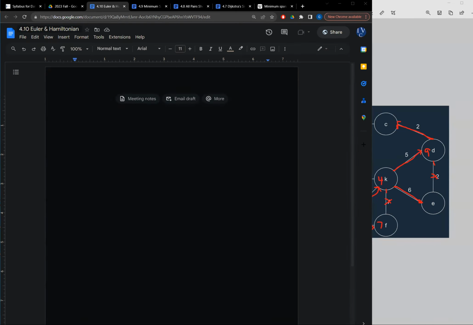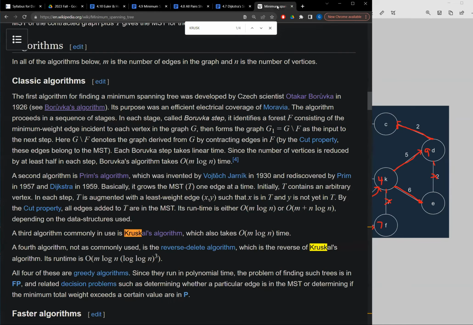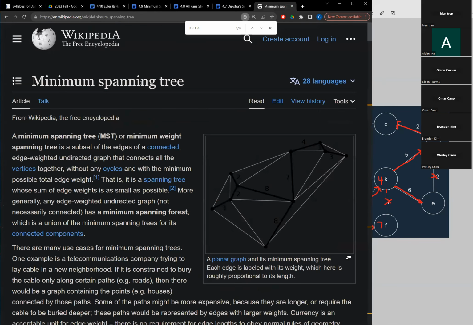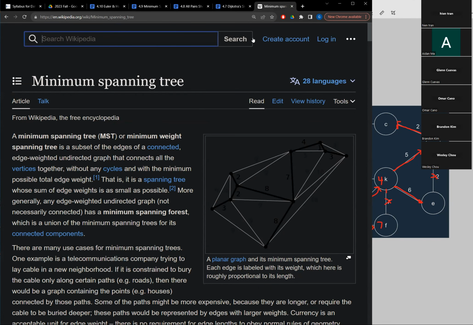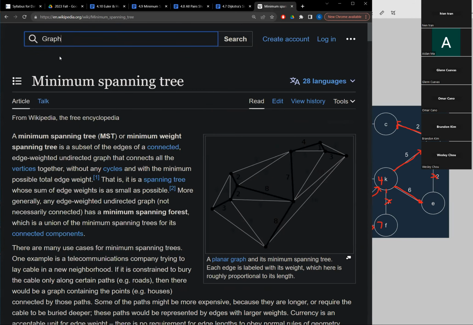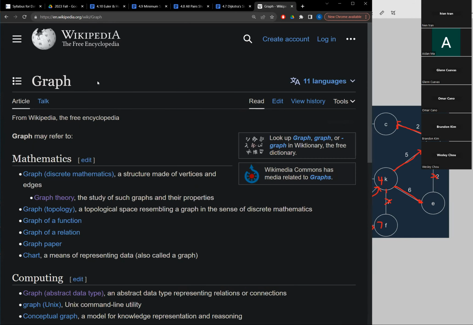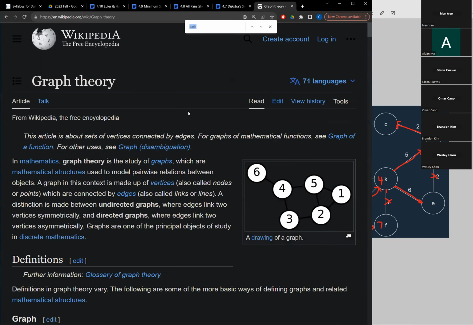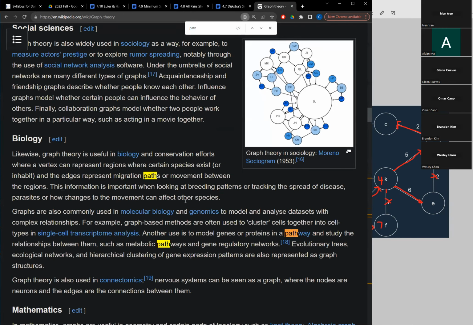All right. All right, so some definitions here. Let's see if we can find a nice page.